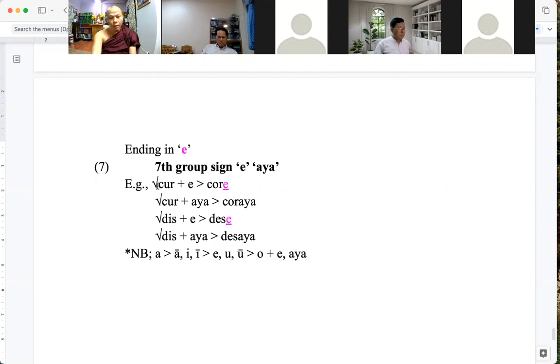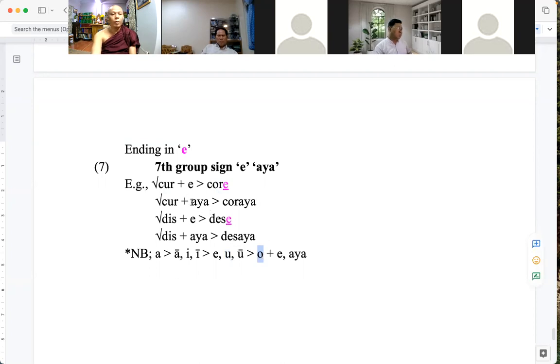Here the root is ju, the root vowel is u. But we apply the seventh group sign a, so the root vowel u changes to o. So u to o.